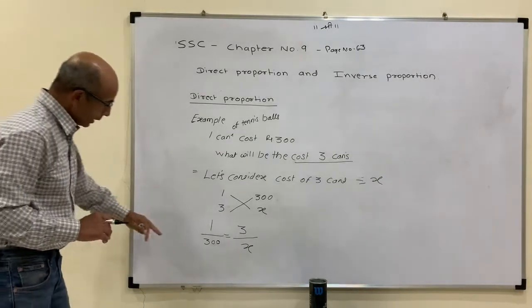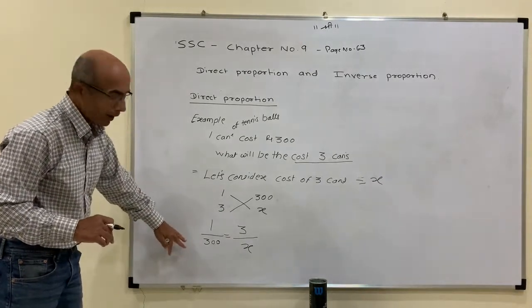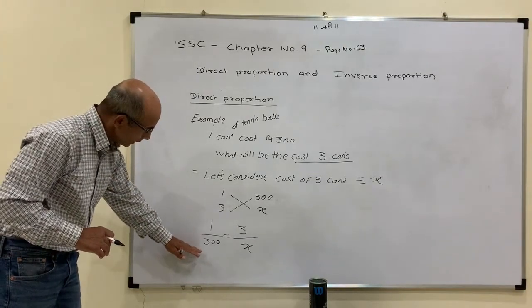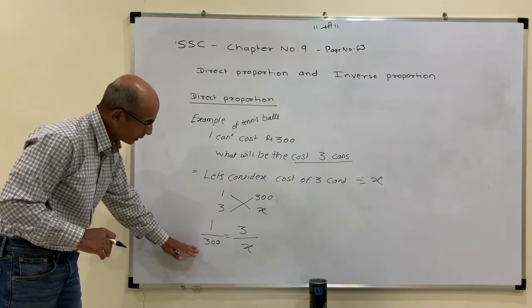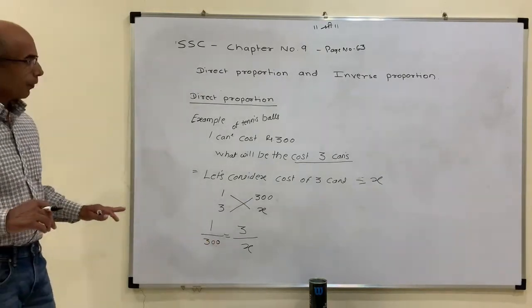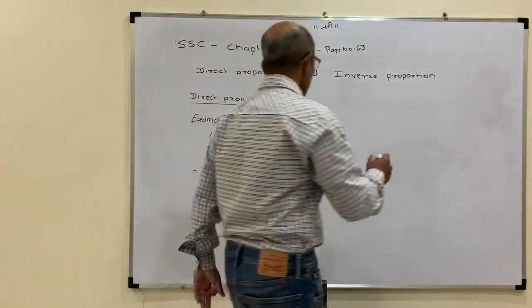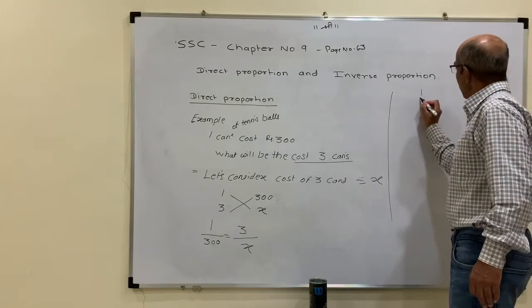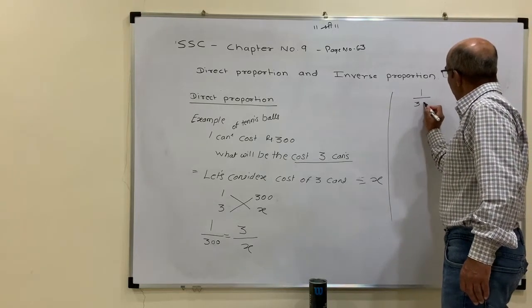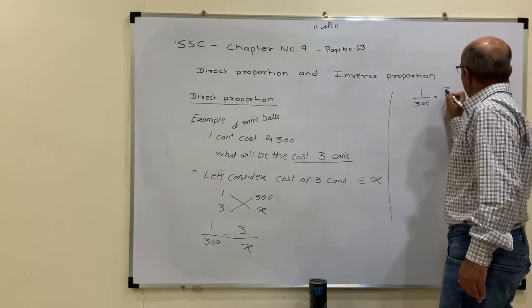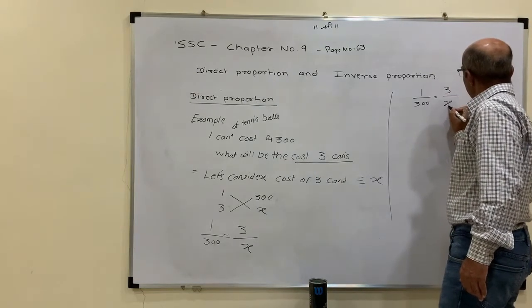Now, as we learned in equalities, to maintain the equality, the operation which we do on the left hand side, we have to replicate the same operation on the right hand side. So I am going to solve this equation over here. My equation is 1 divided by 300 equals 3 divided by X.